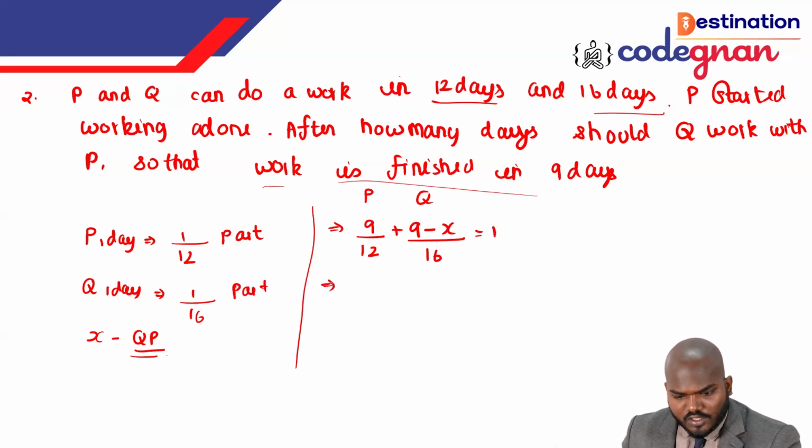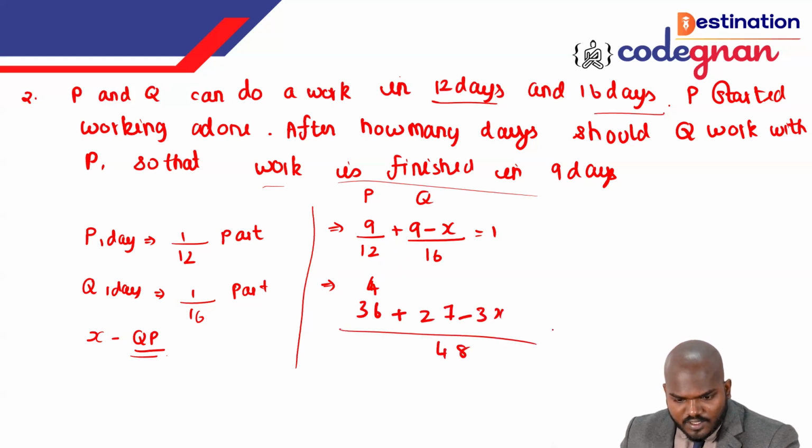If you solve this, guys, for 16 and 12 we can take the LCM as 48. To get 48 here, you need to multiply by 4, that will give you 36, and here again that is 27 minus 3x, over 48 is equal to 1.